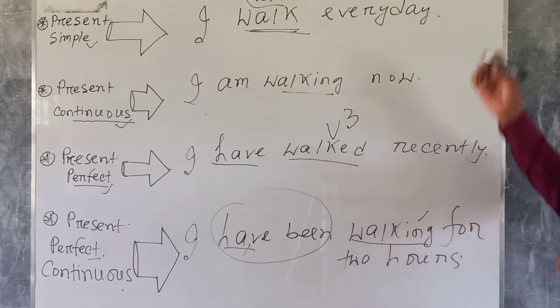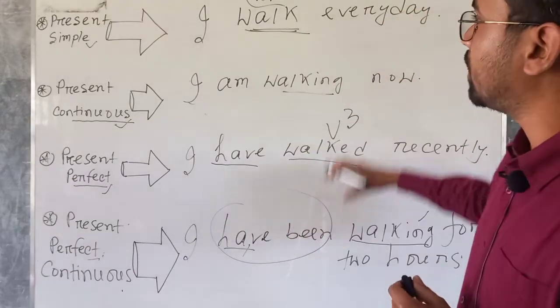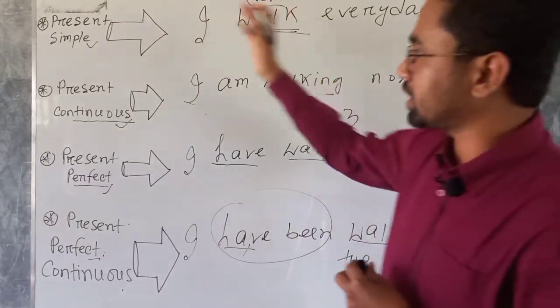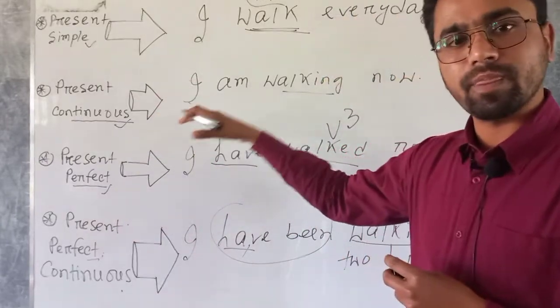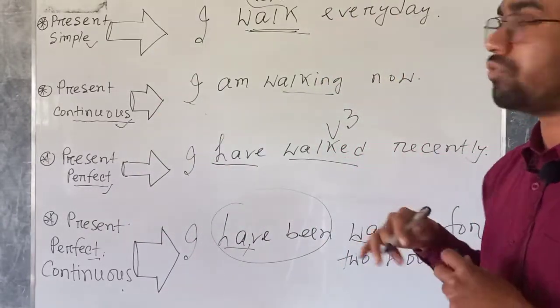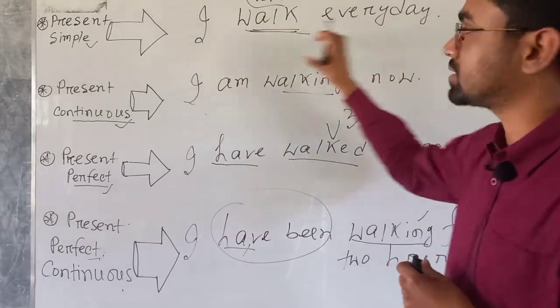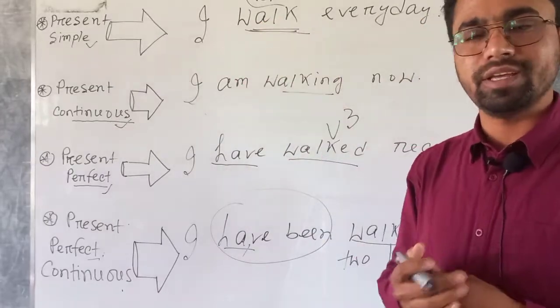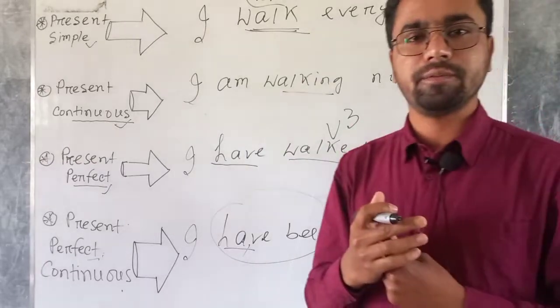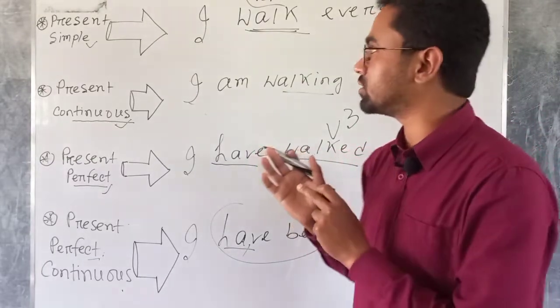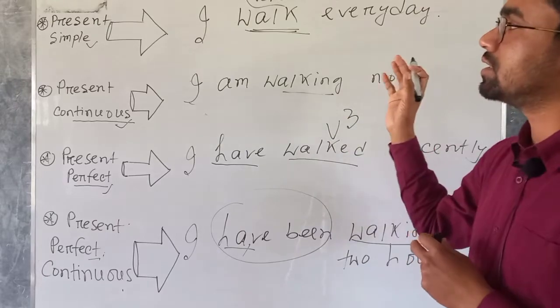Okay, all the sentences I have written are referring to the tenses there. Now I will make the structures of these tenses using the sentences, using the examples. This is an easy trick, an easy step to understand the tenses.